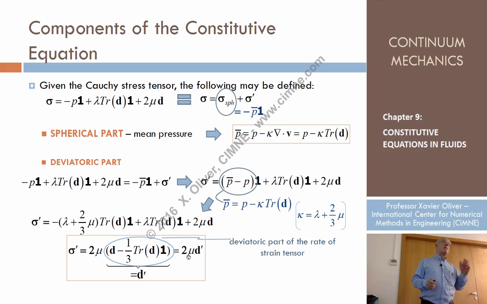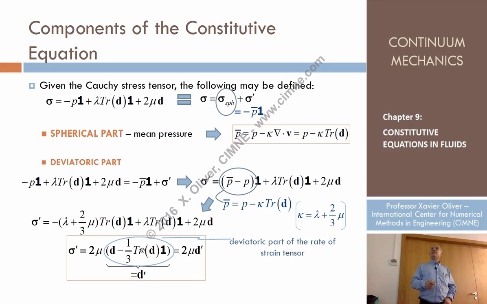By the way, maybe you remember that in elasticity it was also the same. We related the deviatoric stresses and the deviatoric strains with the factor 2 mu. And this is the same, with the only difference that instead of the deviatoric strains, we have the deviatoric rate of strains.